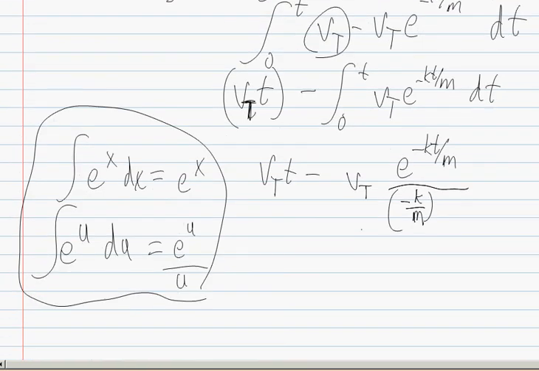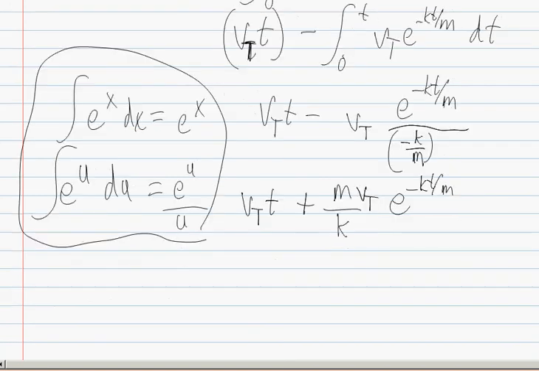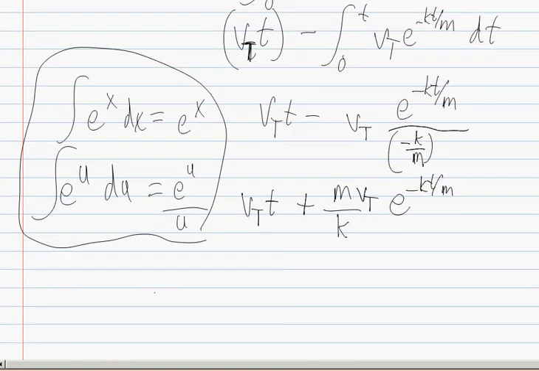And then we can move it around. First, it's going to turn this into a plus: vt t plus m over k times vt e to the negative kt over m. Good.